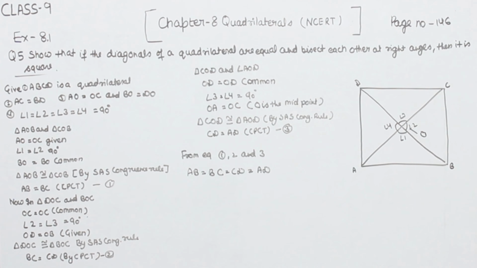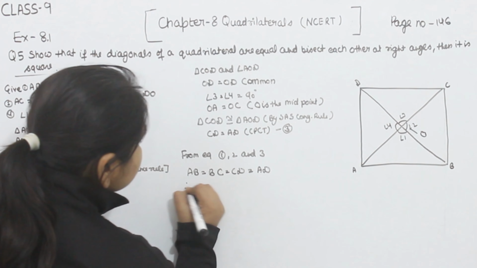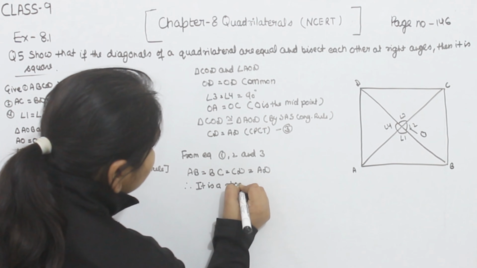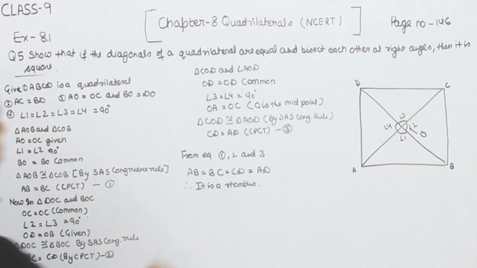This one we are having. All four of these sides are equal to each other. That means it is a rhombus. So we are going to write here, it is a rhombus.